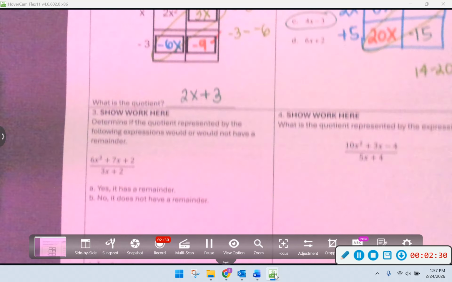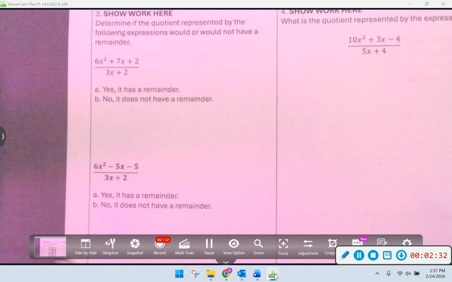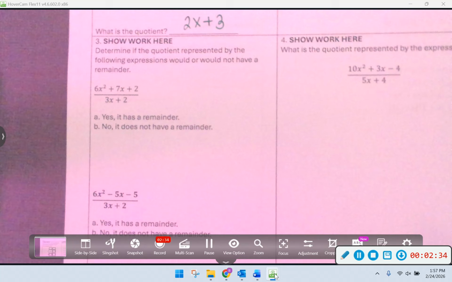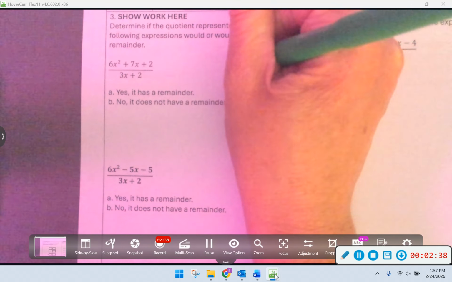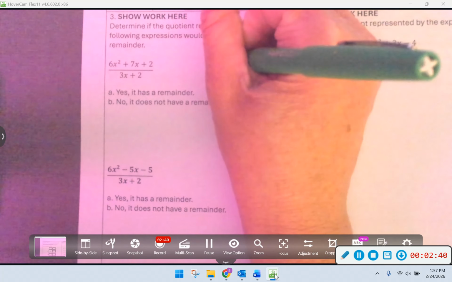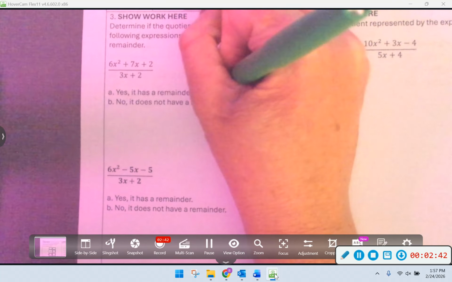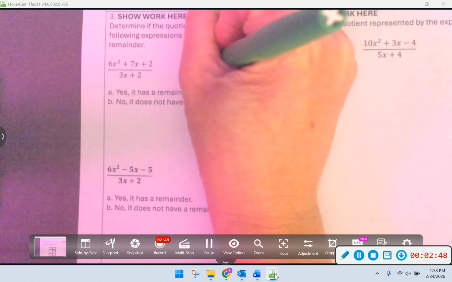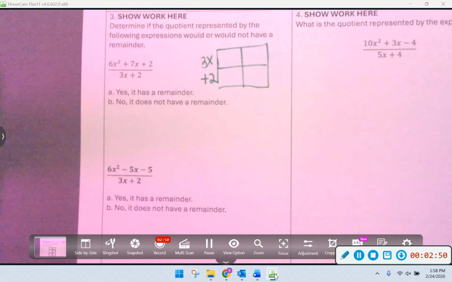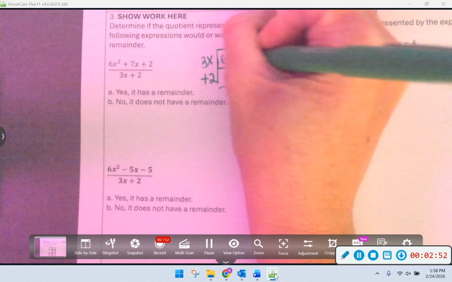Okay, number 3 on your test, you are going to have to show a lot of work. You're going to have to do 2 boxes. So we're going to do the first box here. We put the dividend on the side and put the first term in the first box.